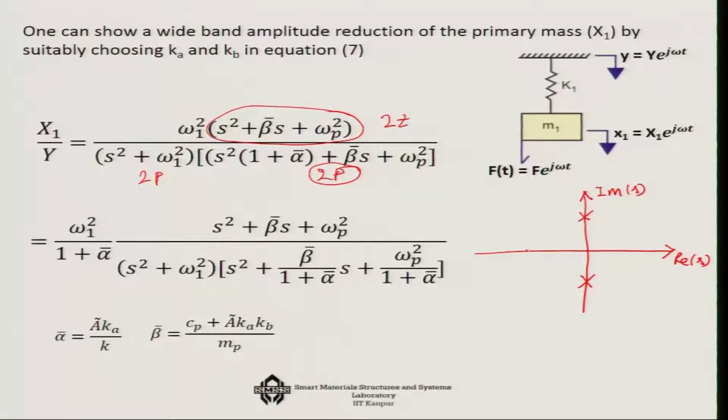So, essentially you can place these poles on the real axis or somewhere as complex conjugate, and you have 2 zeros in the system. These 2 zeros are once again complex conjugate, and you can put them anywhere in the system. If they are in the left half plane, then of course it is fine, but if they go to the right half plane, then you will have a problem.